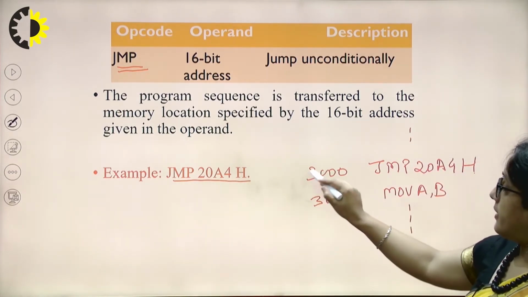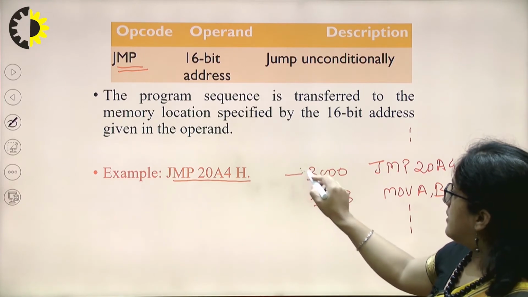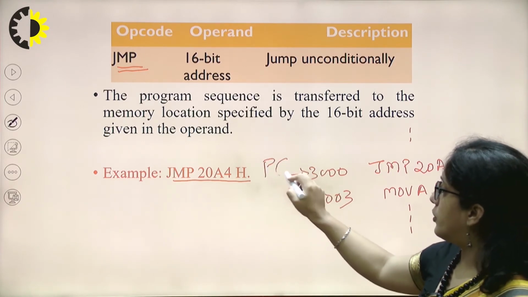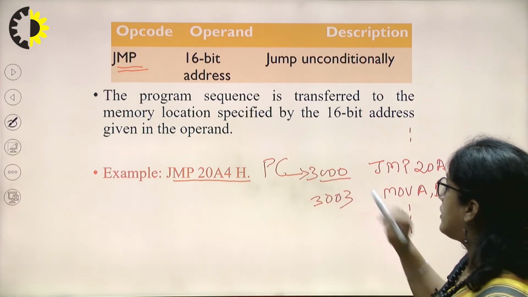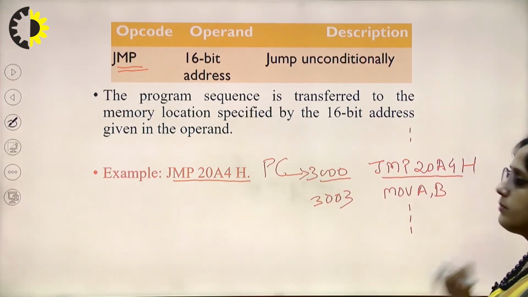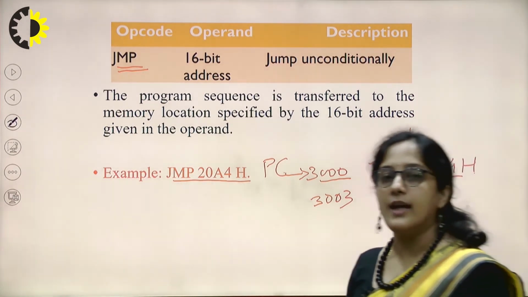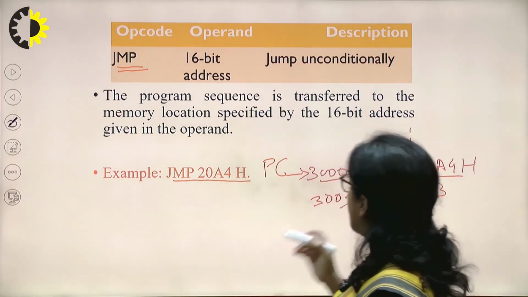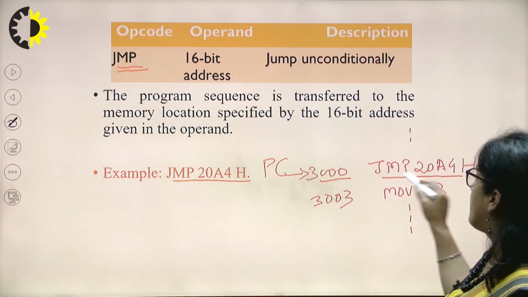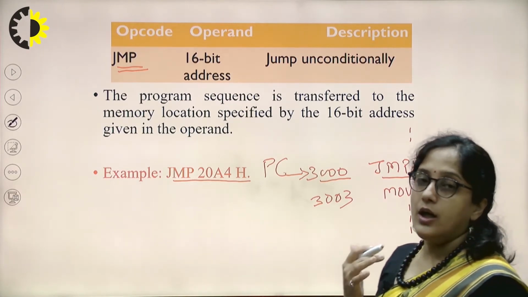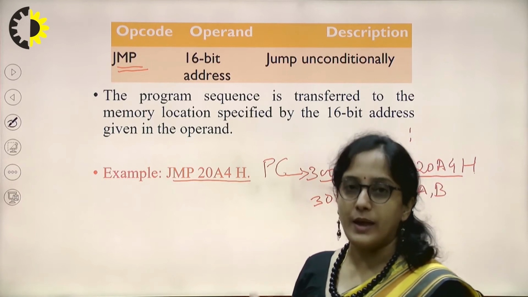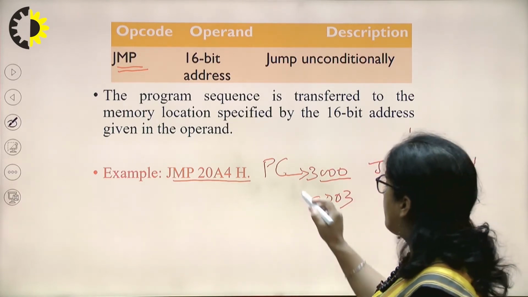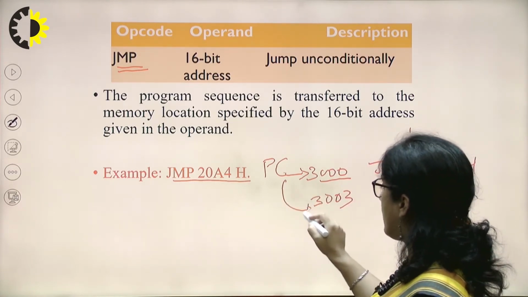So when 3000 is stored in the program counter, that is, when the program counter is pointing to 3000, this jump instruction will be fetched, decoded and executed by the microprocessor. When this jump instruction is fetched, the opcode will instruct the microprocessor that now the PC will not point to 3003.